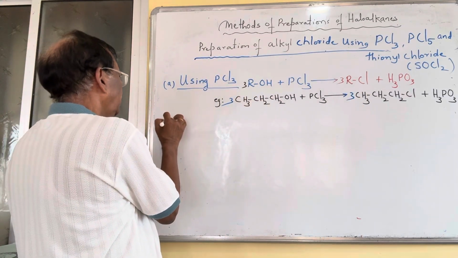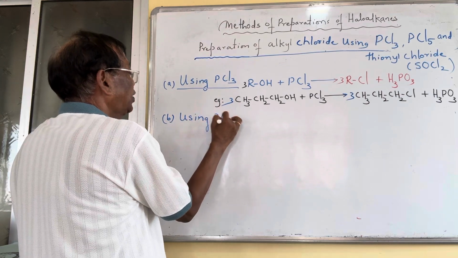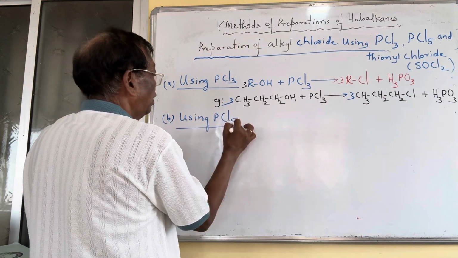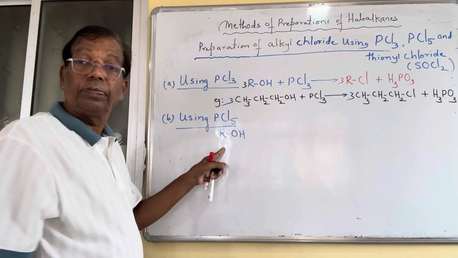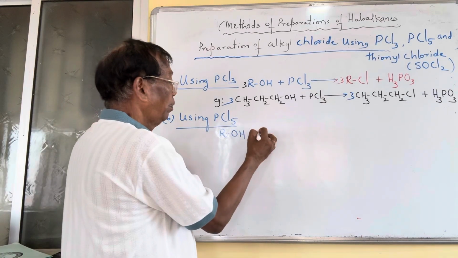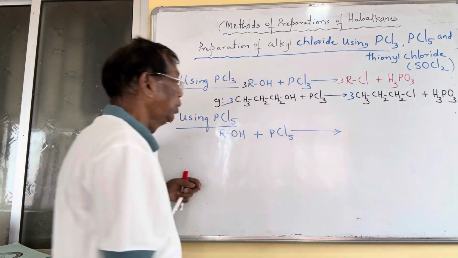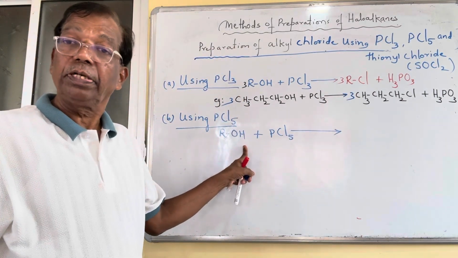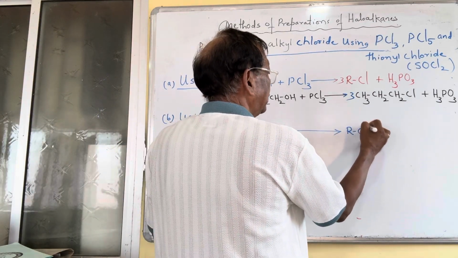Then B, using PCl5, using phosphorus pentachloride, PCl5. So I write the equation in general again here, ROH plus PCl5. What do you get here? This Cl again will replace the OH group and you get alkyl chloride, RCl.